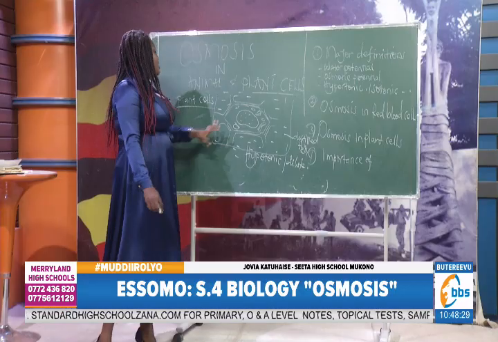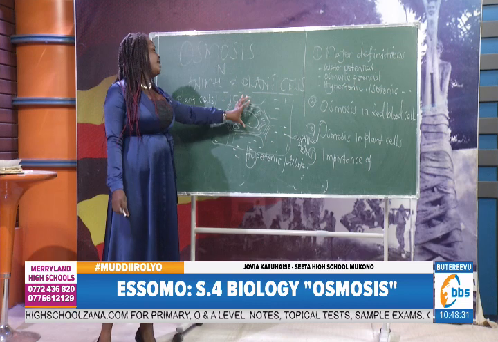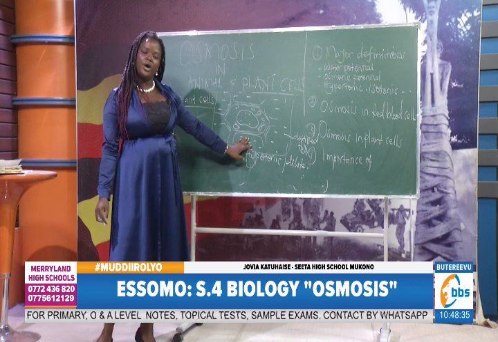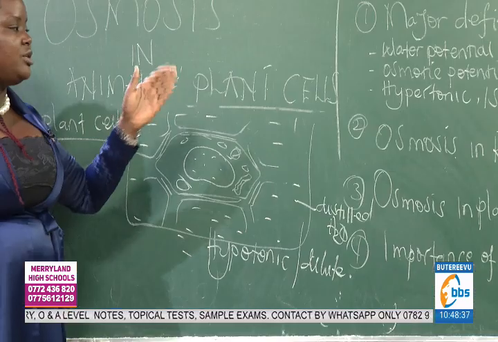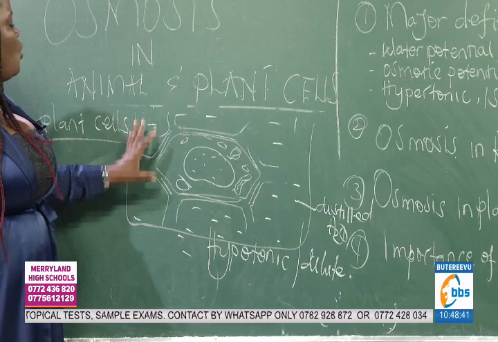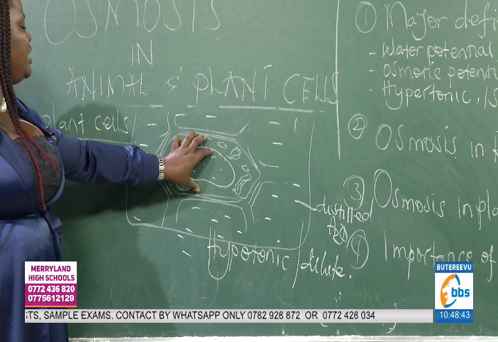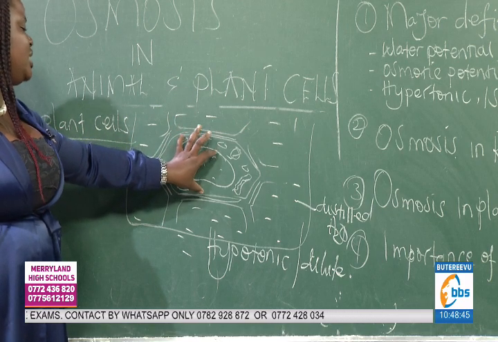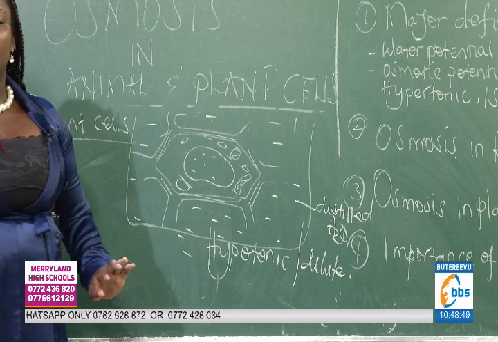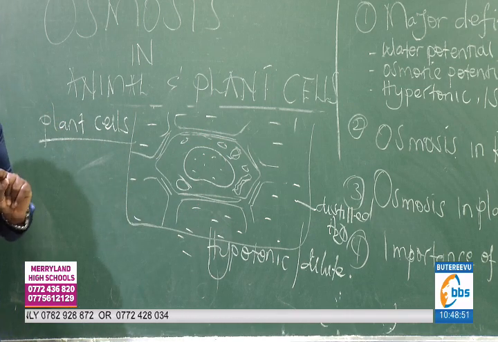Therefore, the inside of the plant cell is hypertonic, and the outside of the plant cell is hypotonic. I repeated the terms hypertonic, hypotonic, and isotonic. So the inner plant cell is more concentrated than the surrounding water environment, and osmosis is going to take place.